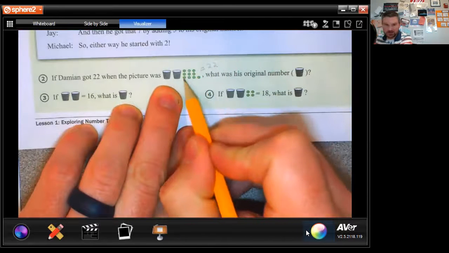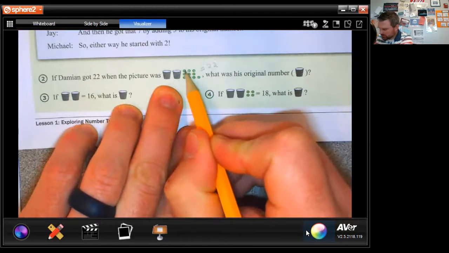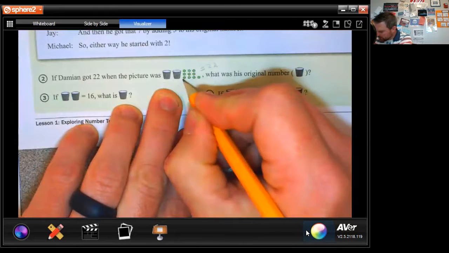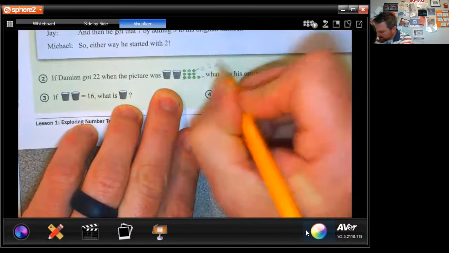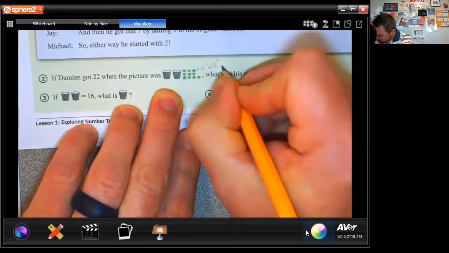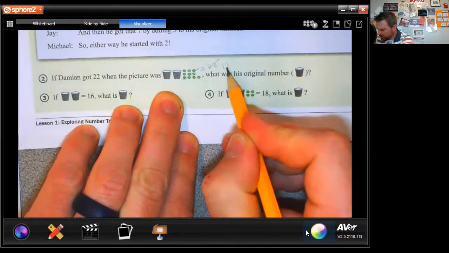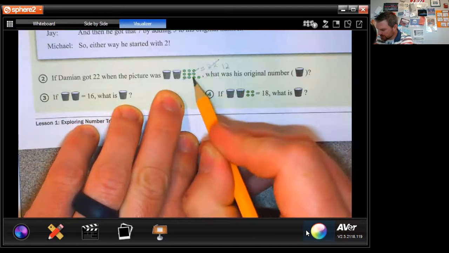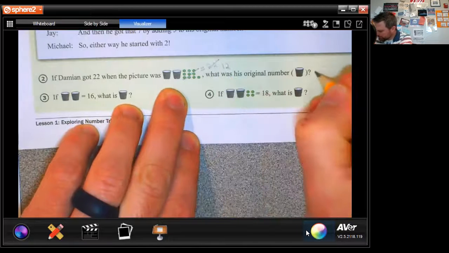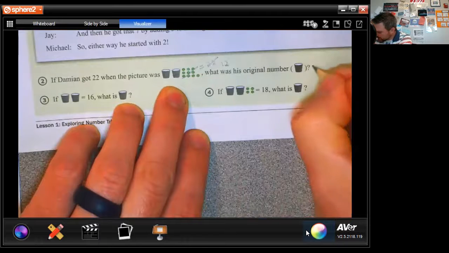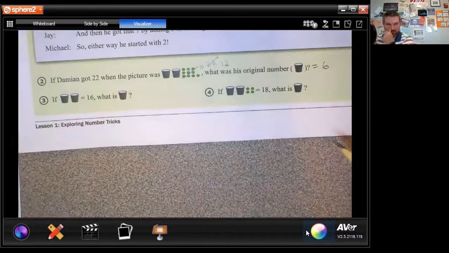How many dots are there? 1, 2, 3, 4, 5, 6, 7, 8, 9, 10. There's 10 dots. So if I take away those 10 dots here, I'm only going to have 12. And if 2 buckets equals 12, because that's 22 minus 10, then for 1 bucket, you got to divide this by 2, which is going to equal 6.